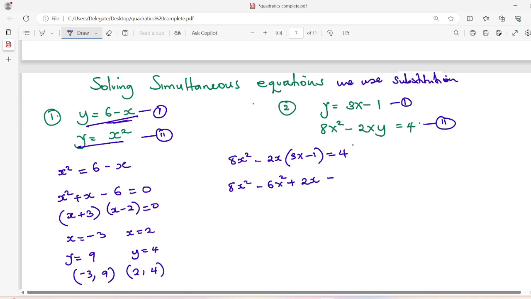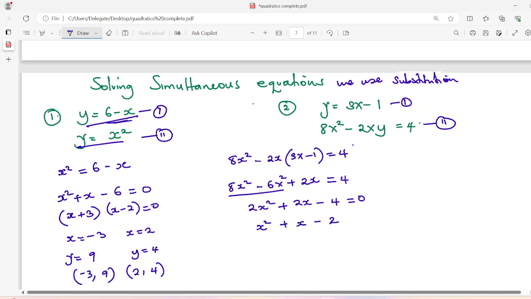So I end up having 2x squared plus 2x minus 4 equaling 0. So I can easily see that I can reduce this by dividing by 2 on each term.